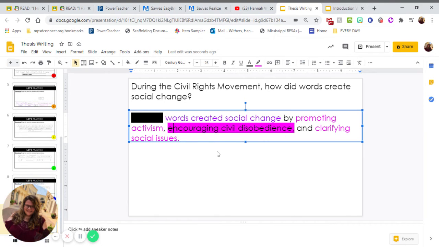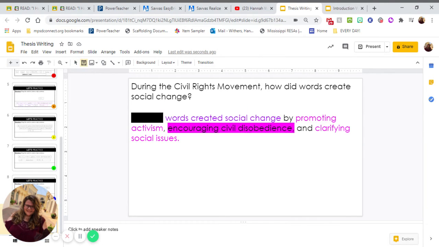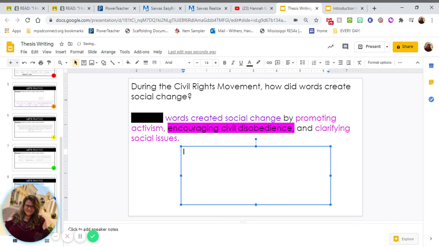And then part of our essay is going to go in and it's going to say, all right, words created social change. That's our topic. In body paragraph 1, we'll talk about promoting activism.